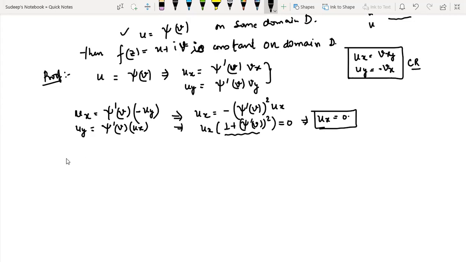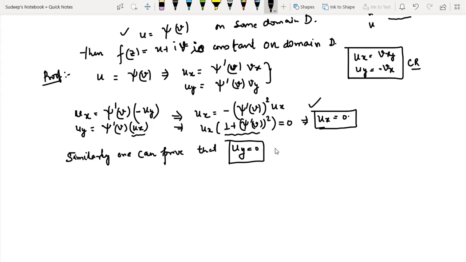Why? I have proven that ux is 0. If ux is 0, I can place ux here. So uy is equal to 0.